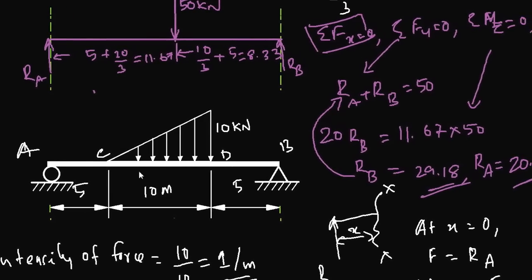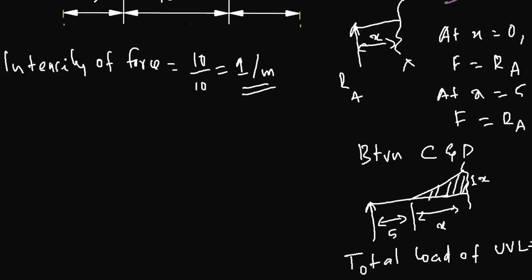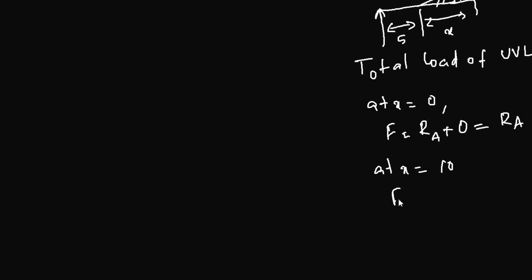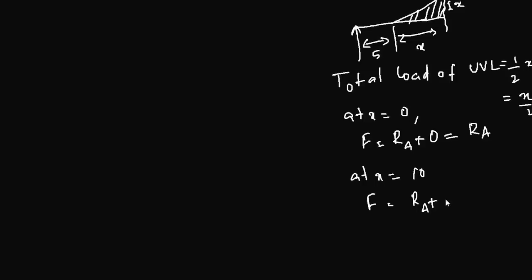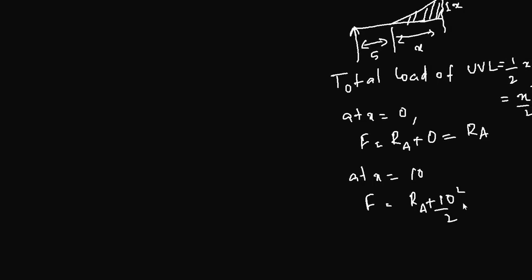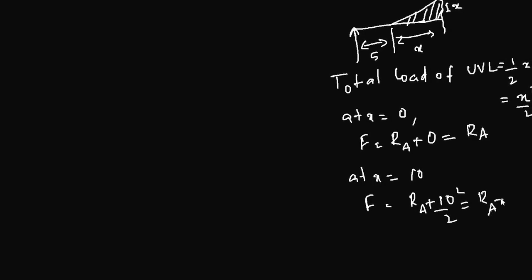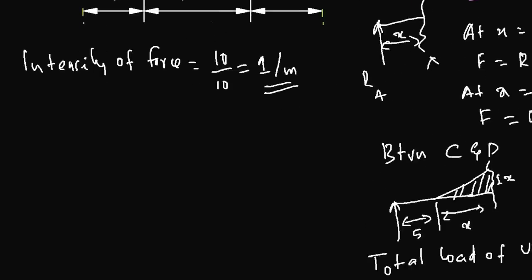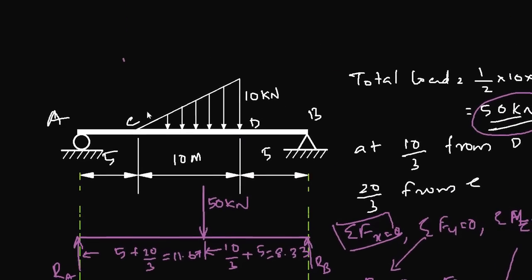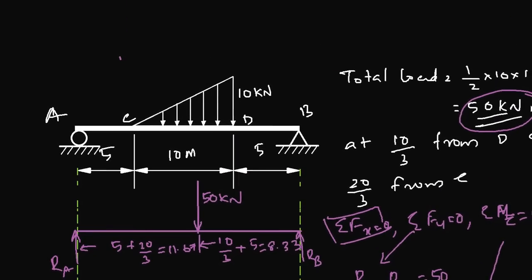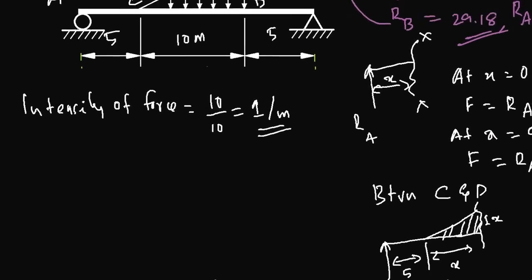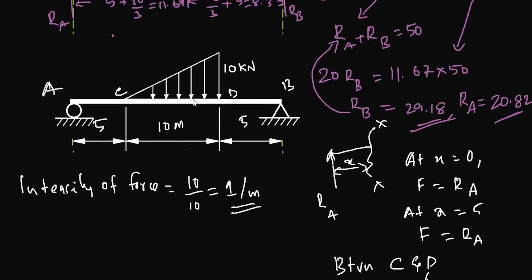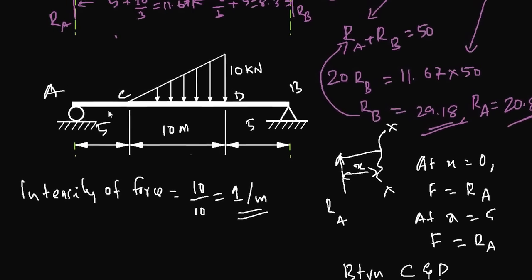So at x equal to 10, the force is RA plus 10 squared over 2, that is RA plus 50. Now you can see 50 is the total load of this force system as we calculated here. So at this point you will have the total load acting plus the reaction at A.